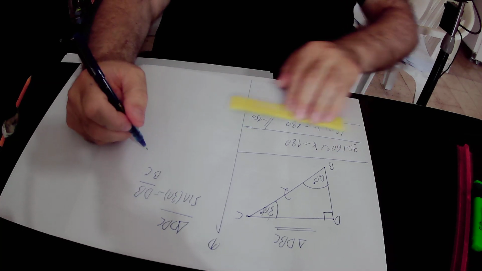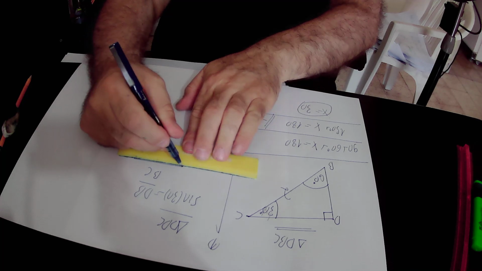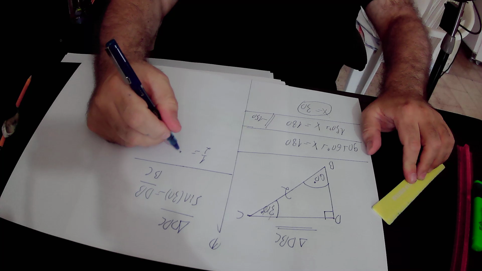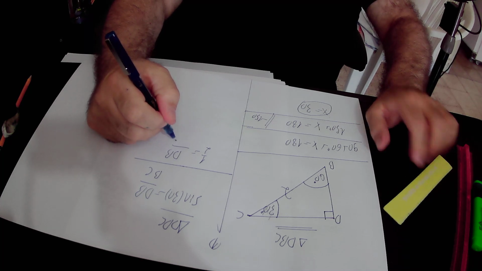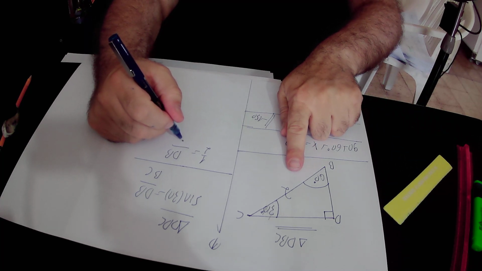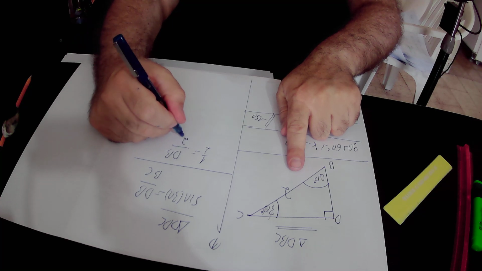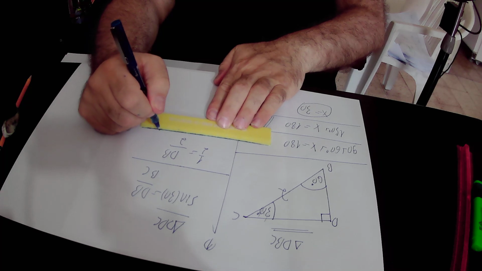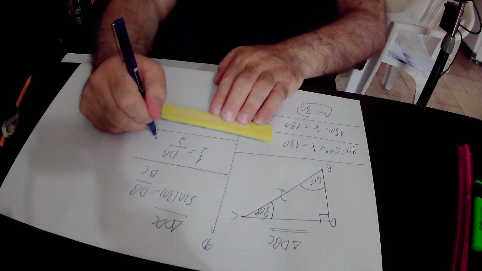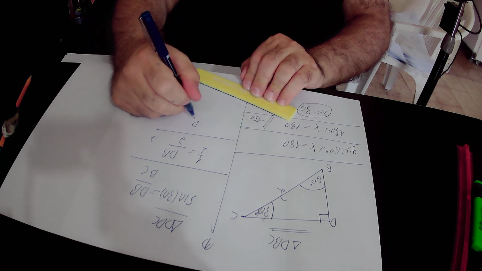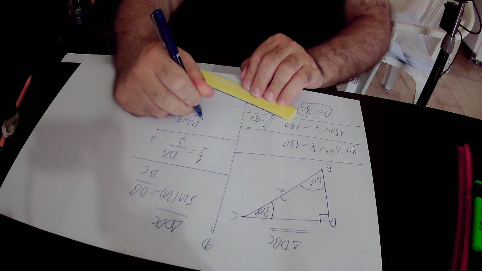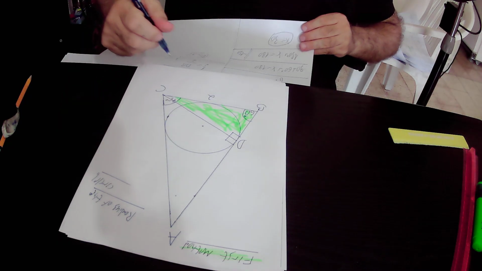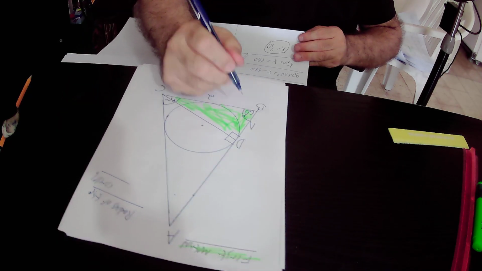Sine 30 degrees is 1/2, so let's substitute sine 30 degrees by 1/2, and it is equal to DB over BC, but BC equals 2 units, therefore we substitute BC by 2. Here we multiply this equation by 2, and we get that DB equals 1 unit.